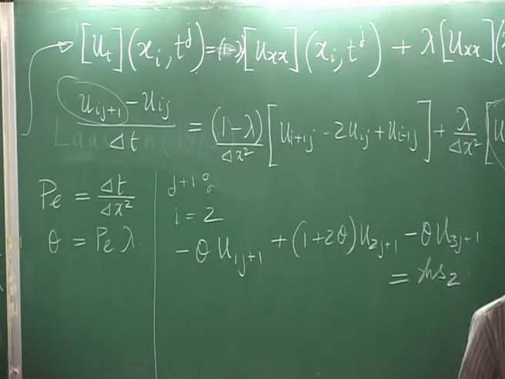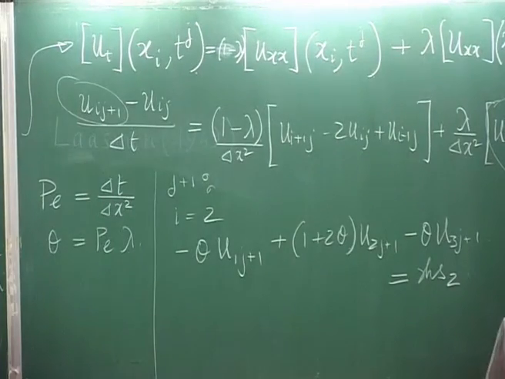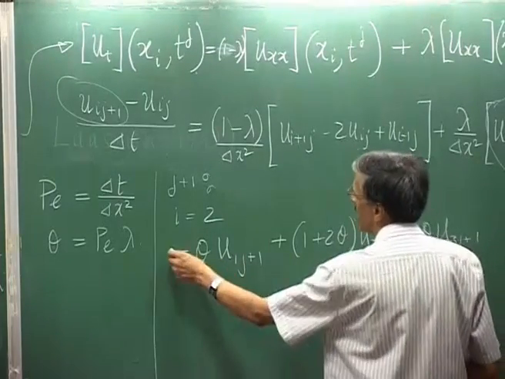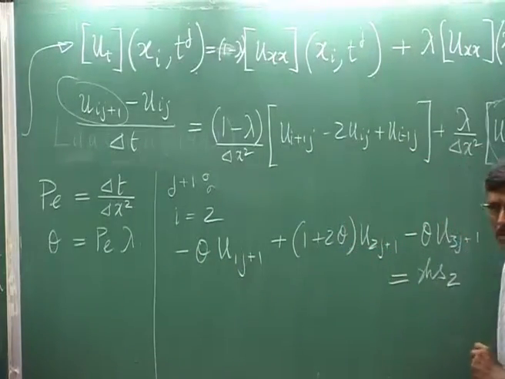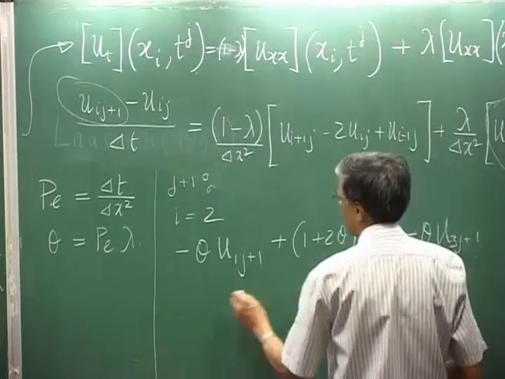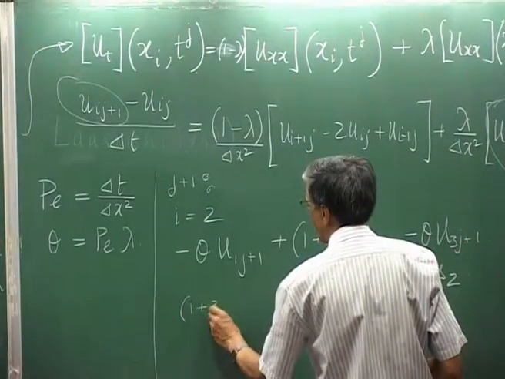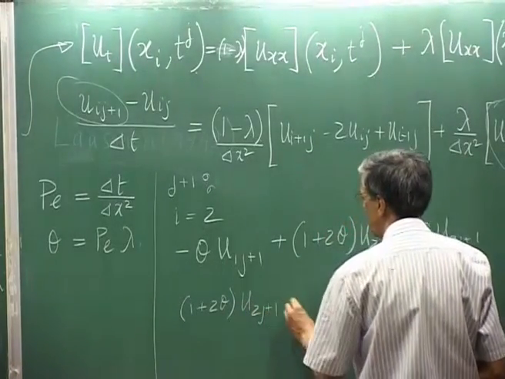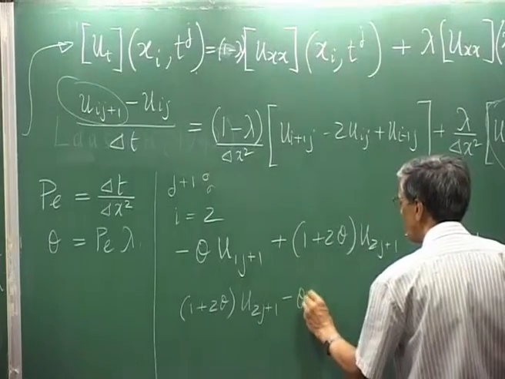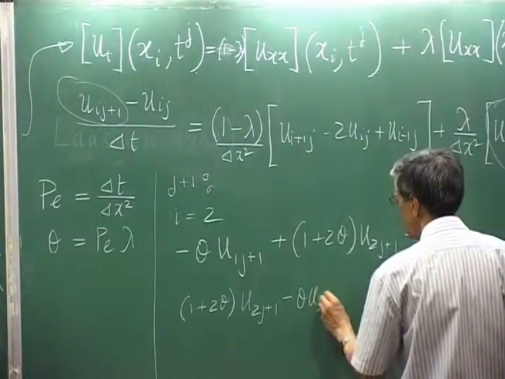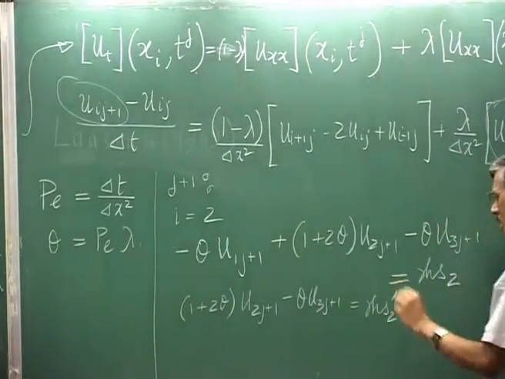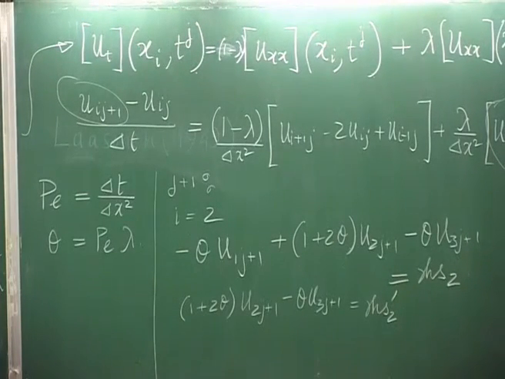So, that is the whole contribution coming at the point 2 by the right hand side. Now, of course, you can see if it is a Dirichlet boundary condition, this can also be transported to the right hand side. So, that is what I said, that this equation would simply have 1 plus 2 theta u 2 j plus 1 minus theta u 3 j plus 1, and I will write this as RHS 2 and put a prime to indicate the boundary condition has augmented what we had earlier.